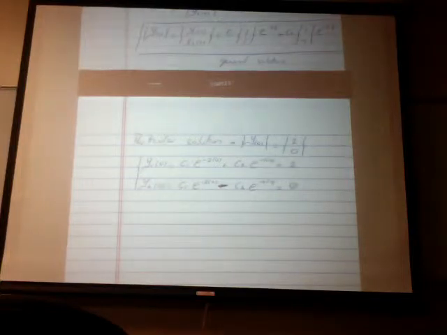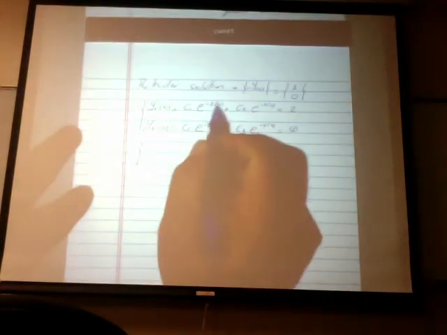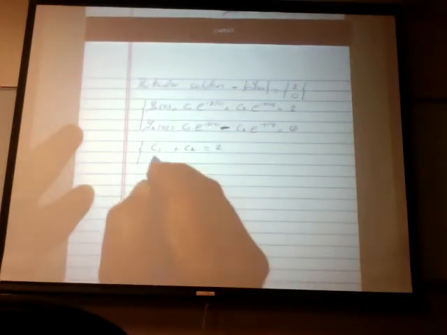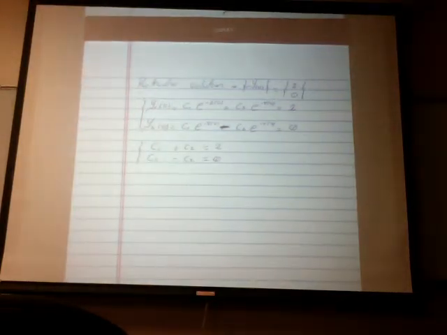Is that clear? So now the two equations will be, well, e to the 0 is always 1. This will be c1 plus c2 is equal to 2, and c1 minus c2 is equal to 0. These are two truly independent equations.